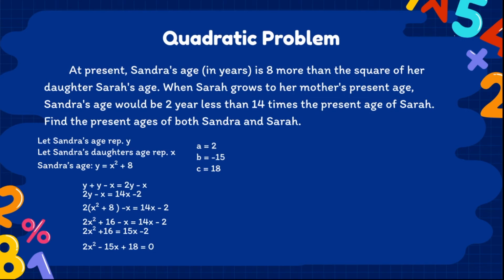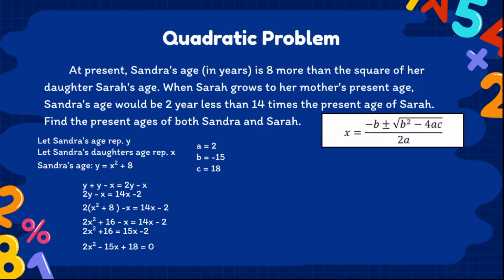Because the equation is not factorable, we're going to have to use the quadratic formula, which is x equals negative b plus minus square root b squared subtract 4ac over 2a. And our ABC is a equals 2, b equals negative 15, and c equals 18.